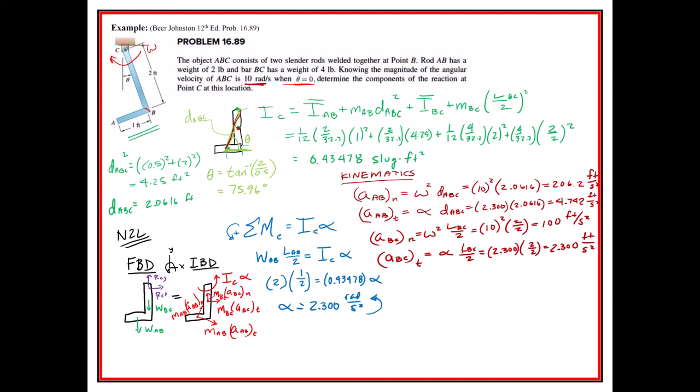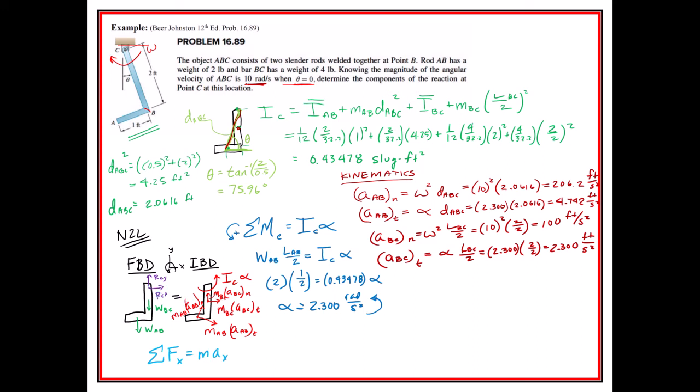All right, so we've worked out what all the accelerations are. Now if we want the reaction forces, we need the sum of the forces in the x direction equal to mass times acceleration in the x direction.